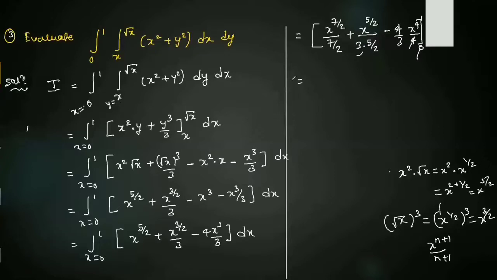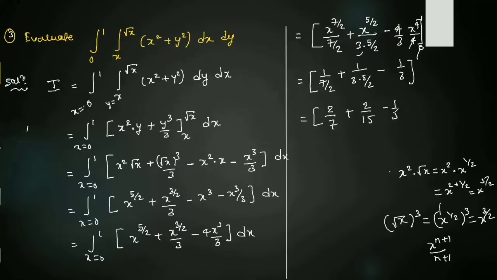So what is remaining if I substitute 1? 1 divided by 7 by 2 plus 1 divided by 3 into 5 by 2 minus 1 by 3, because here 4, 4 got cancelled. Simplify: 2 by 7 plus 2 by 15 minus 1 by 3.